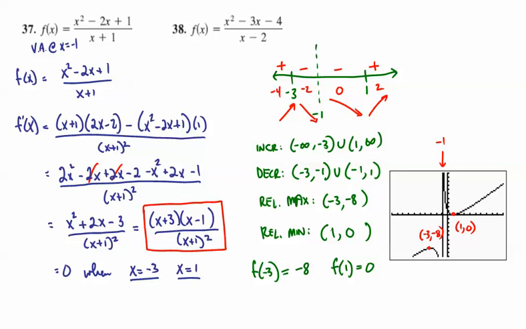The function was increasing from infinity to -3. Then it decreases from -3 to -1. It decreases again from -1 to +1, and increases from 1 to infinity. So we had that all right there, and we will go on to the next problem in the next video.